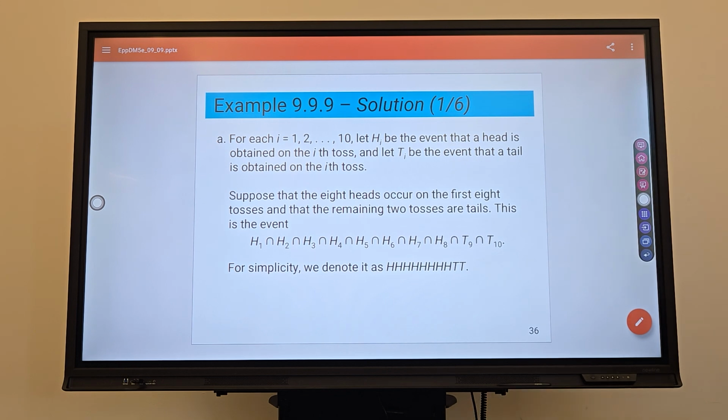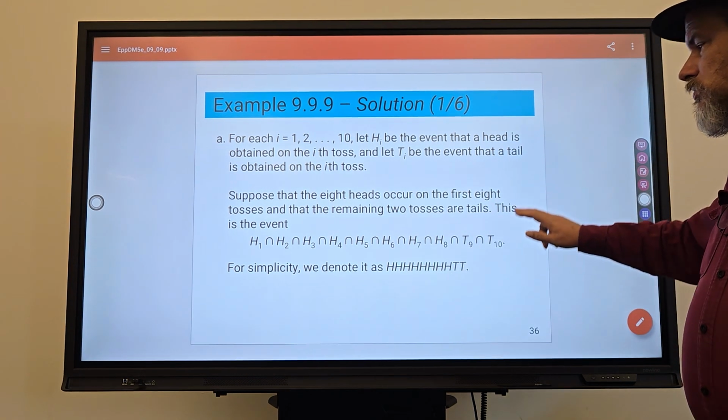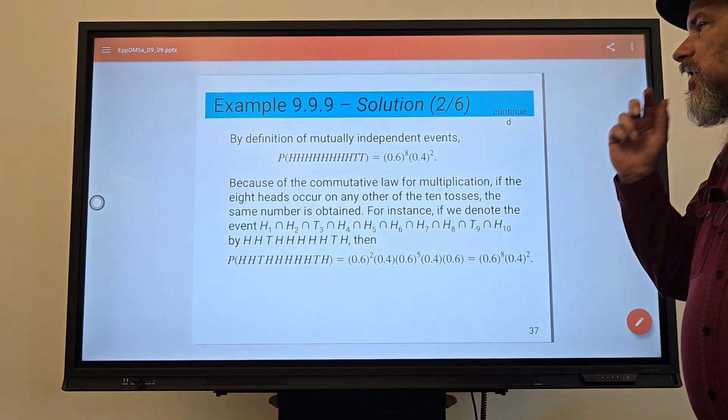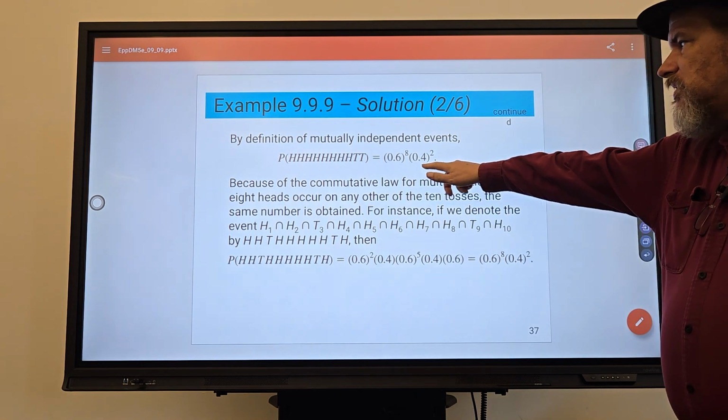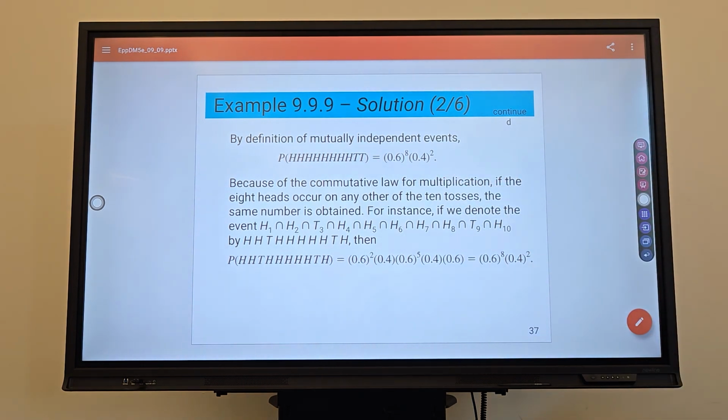Suppose that the 8 heads occur on the first 8 tosses and the remaining 2 tosses are tails. This is the event. For simplicity, they abbreviate it this way. By definition of mutually independent events, the probability of this combination coming up is obtained by multiplying this out.